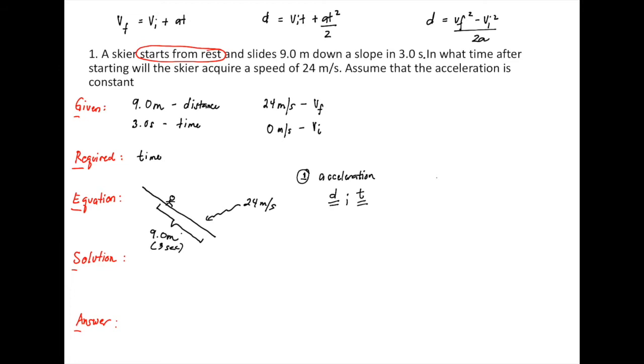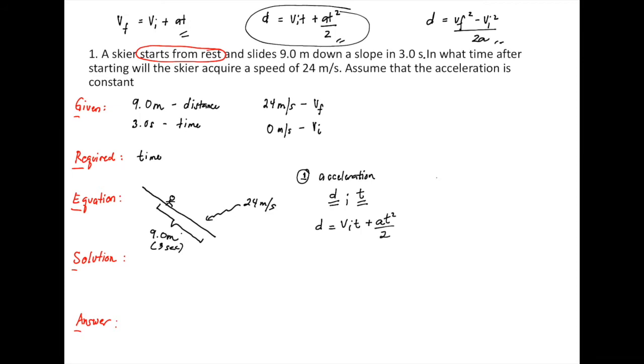So the most useful equation from these 3 would be this one. And therefore we have now d equals Vit plus at squared divided by 2.